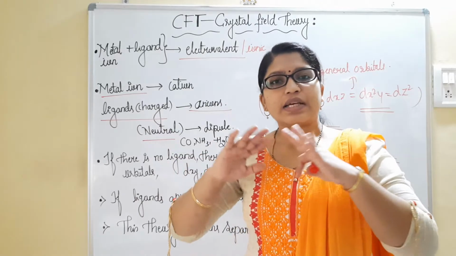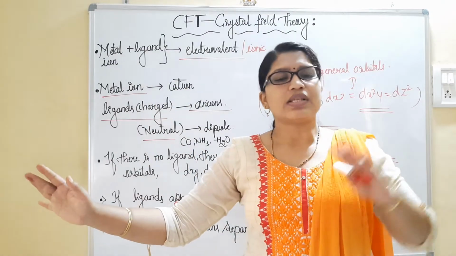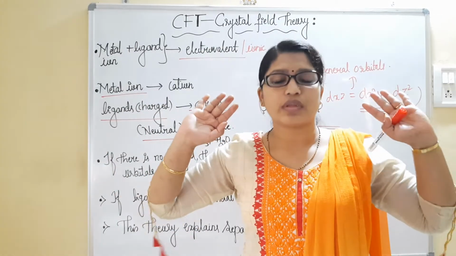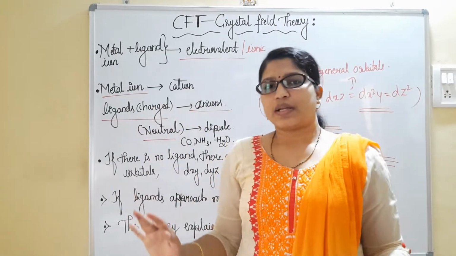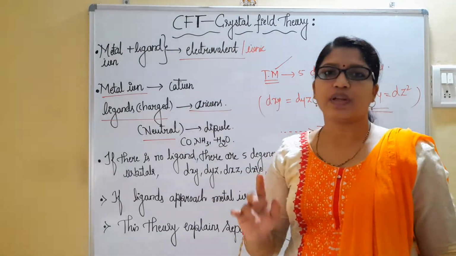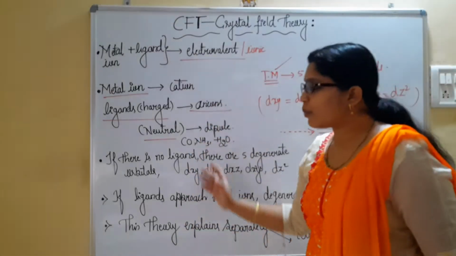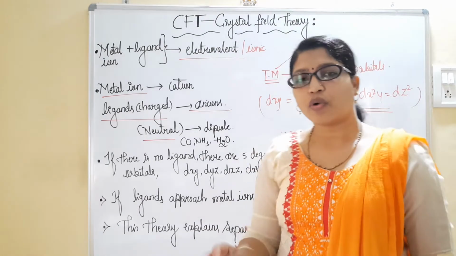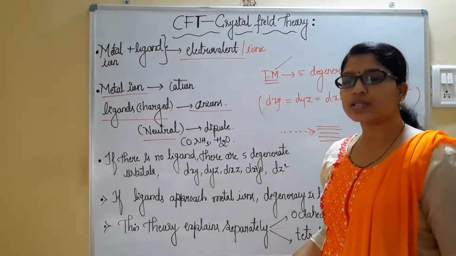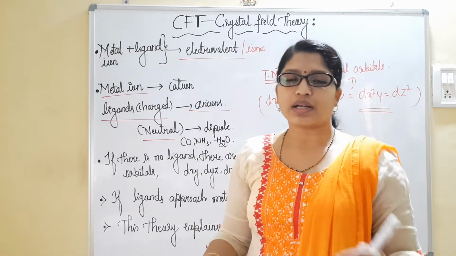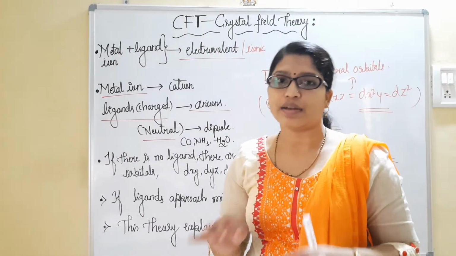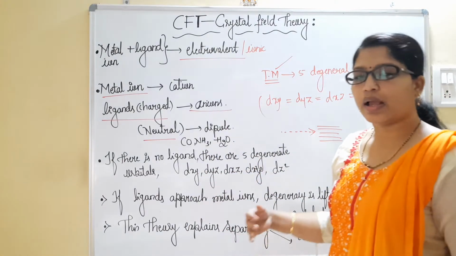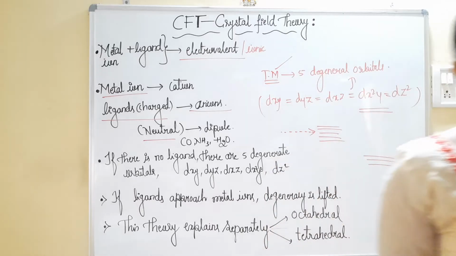It has given us a clear picture regarding both. Both are different, and both have separate explanations with the help of crystal field theory. So these are all the postulates we can call for crystal field theory, and we can understand what will happen with tetrahedral complexes and octahedral complexes differently. We will start that one. Please do copy this. We will finish it and we will start with the complexes.